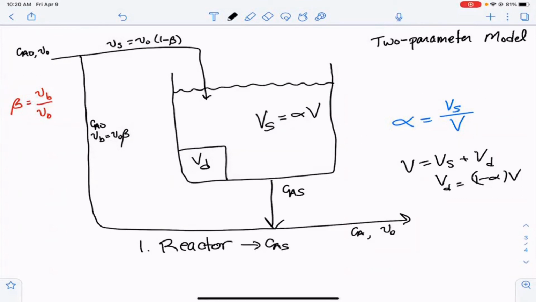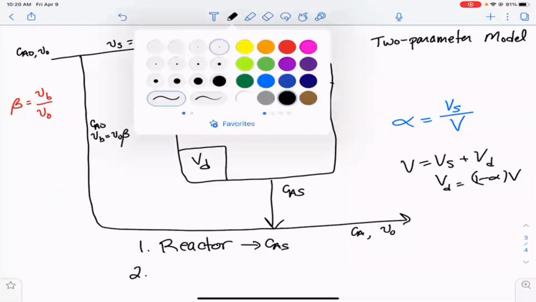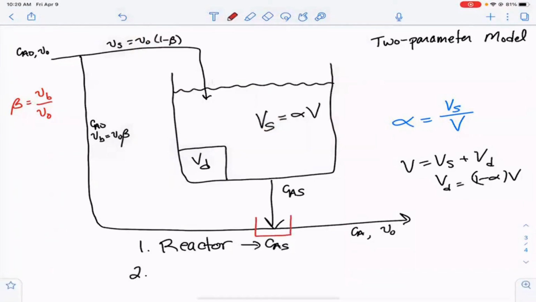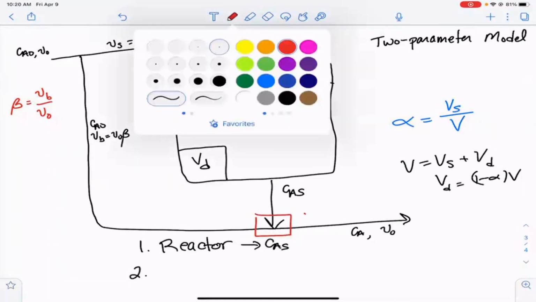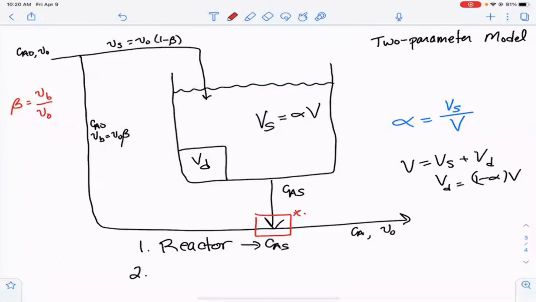And then the second thing that we're going to do is solve the mass balance on this point right here. Your book calls it point 2, but we'll just say we're going to solve the mass balance at this star.